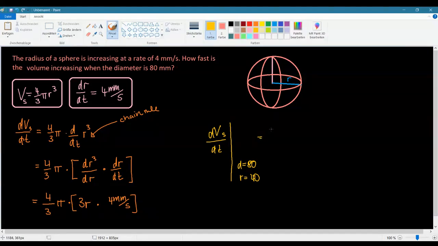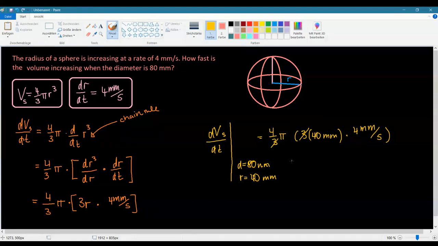Well, this equals 4/3 pi times 40 millimeters. Let's write the millimeters. Otherwise, we're going to be like, what's the unit? Okay, so times 4 millimeters per second. We don't really want to get rid of that pi. That gets annoying. So these 3's are going to cancel out, and we're going to end up with 4/1 times pi.